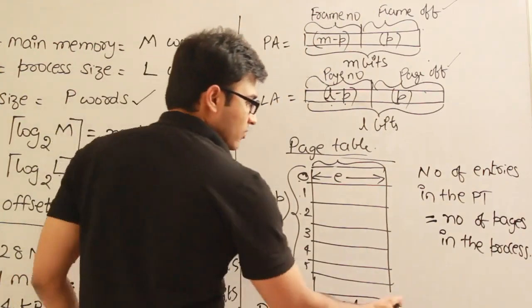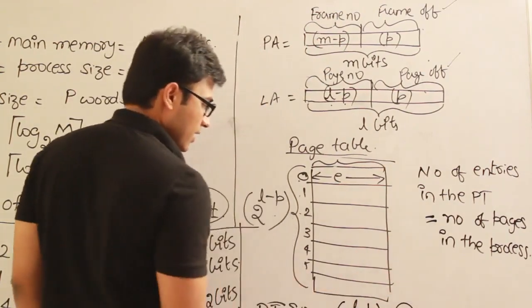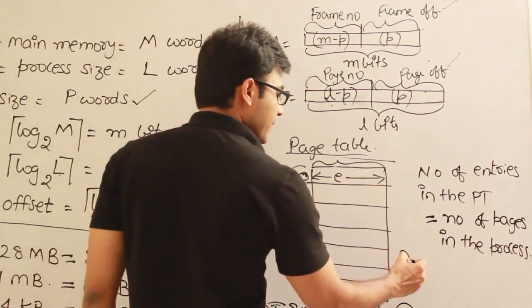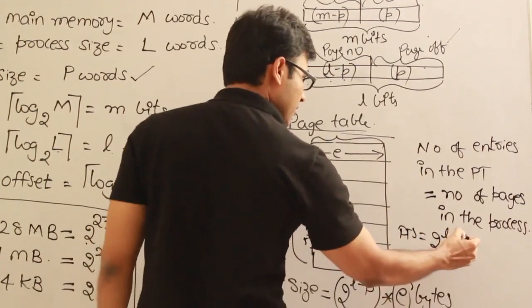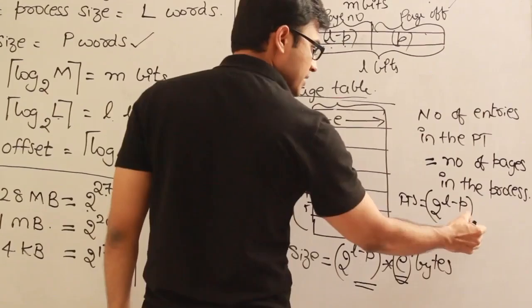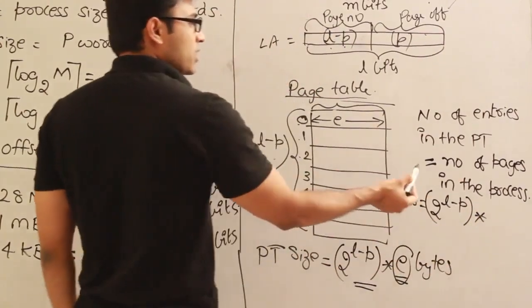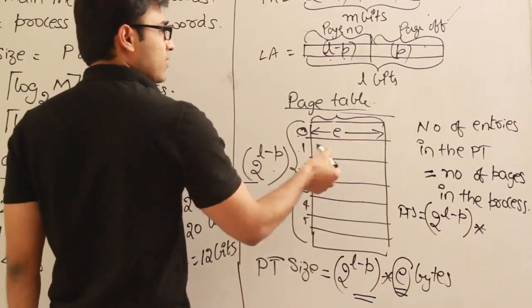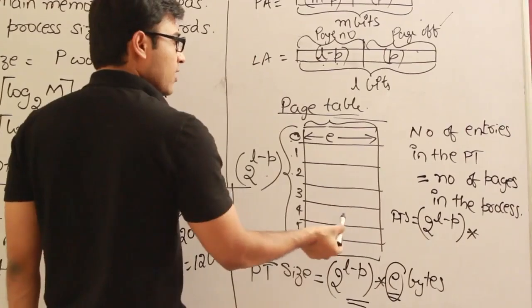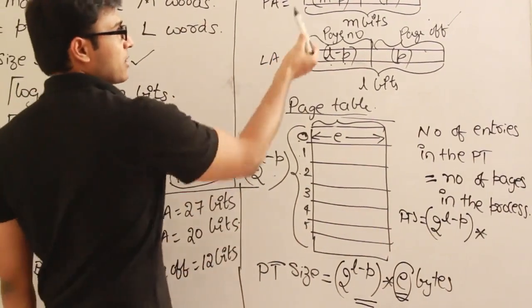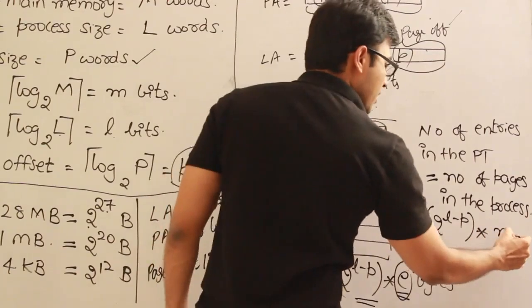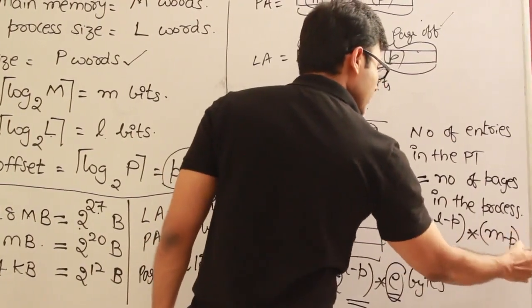So in case e is not given, then the page table size will be the number of entries, which is 2 power l minus p, equal to the number of pages, multiplied by the actual information present inside each cell of the page table, which is the frame number. And how many bits are required to represent the frame number? m minus p. Got it?